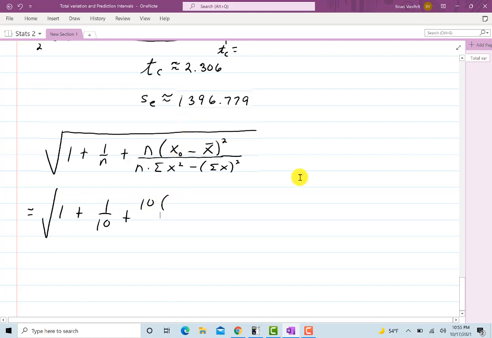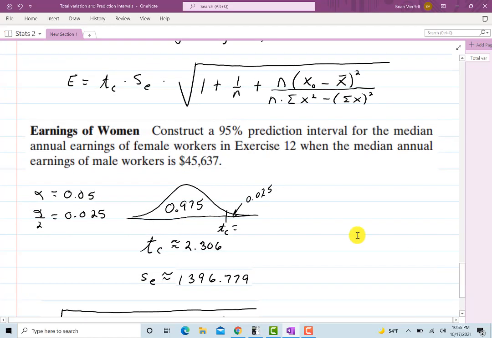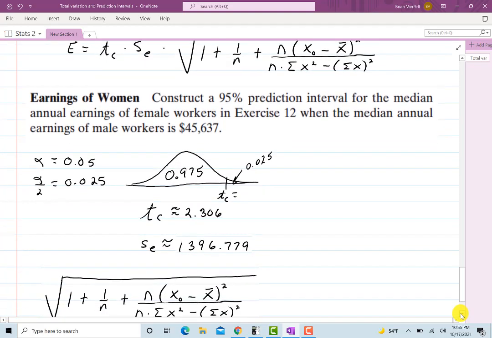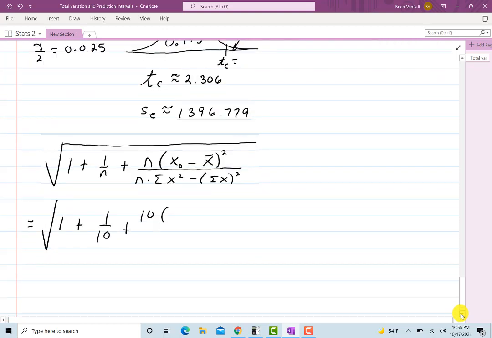Now the x naught is exactly what they were talking about. If I'm assuming that men are making this kind of an average, what is the range of values that a woman would be expected to make? So 45,637 goes into x naught.